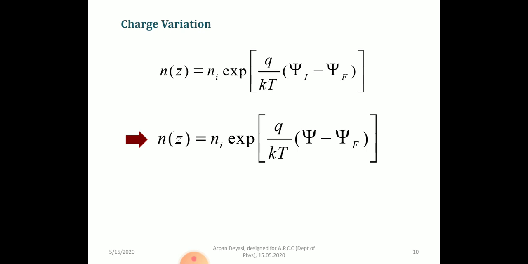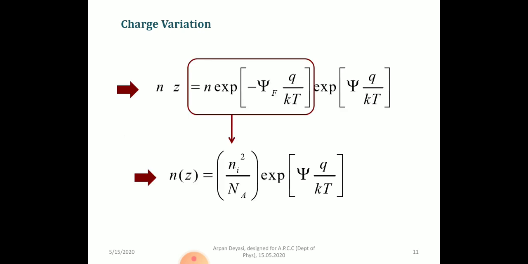Once I put this, again this will be divided into two parts, since exponential (a minus b) is exponential a into exponential minus b. Again, look at the term n_i exponential minus psi_f by kT. What will it ultimately give you? psi_f by kT, where is it measured? In the n-type, the n part.